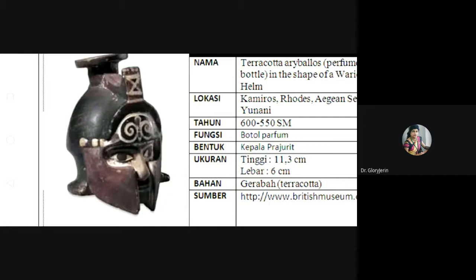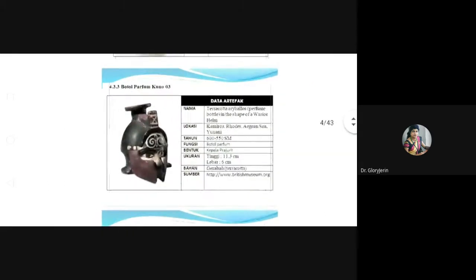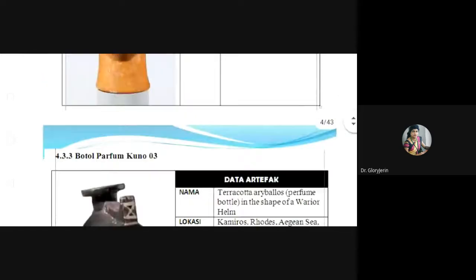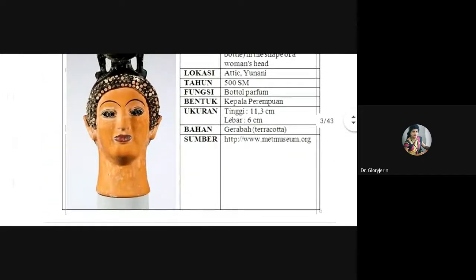So you can interpret masculinity in the soldier, in the warrior helm, meaning this perfume bottle is used by a man. The shape of the bottle is not only a similarity with an object to be interpreted, like a fat man or fat woman.